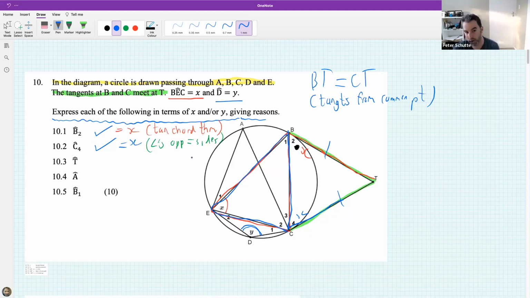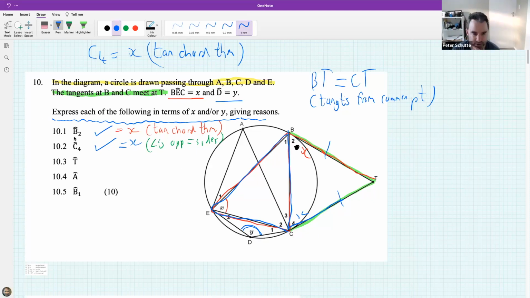So in some ways, the quickest way to do it would have just been to say C4 is x, tan chord theorem. And this is this thing in geometry where there's often more than one way to do it. Thank you for your question, Fatejo, because you didn't just help yourself, you helped all of us.